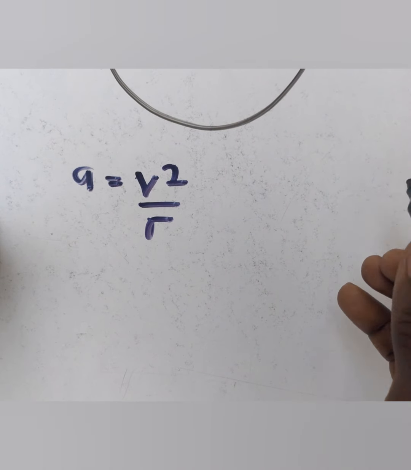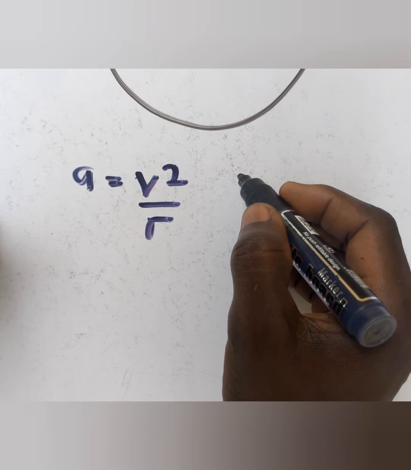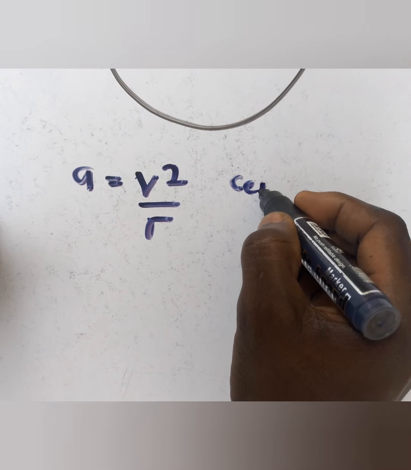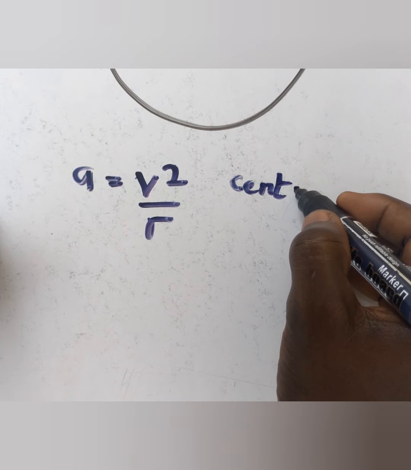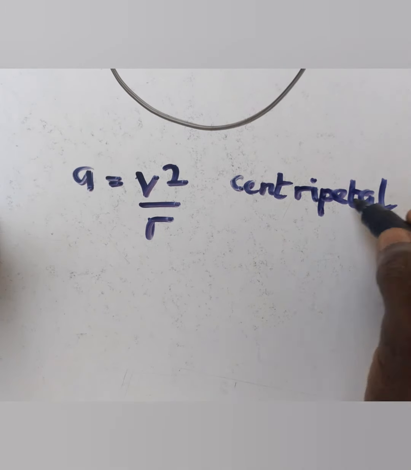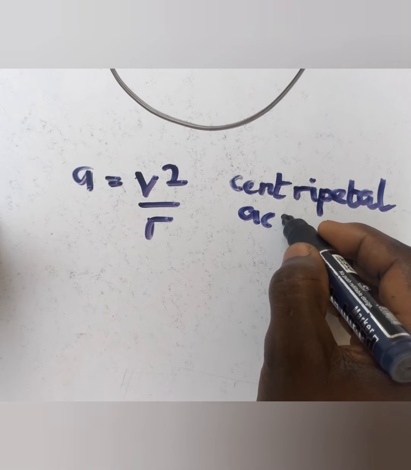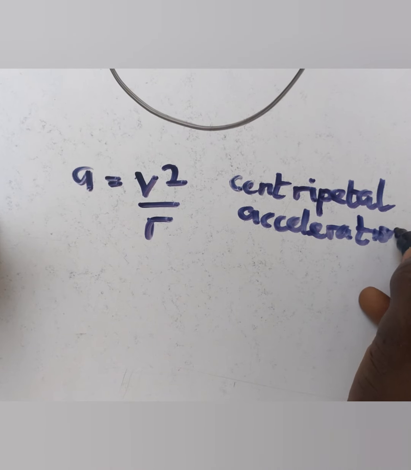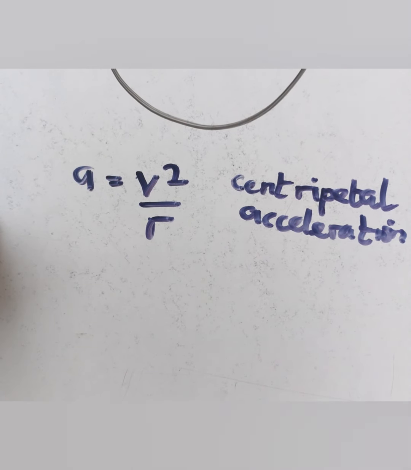So if I am to call A by its full name, A is centripetal acceleration, and it is always directed towards the center of the circular path.